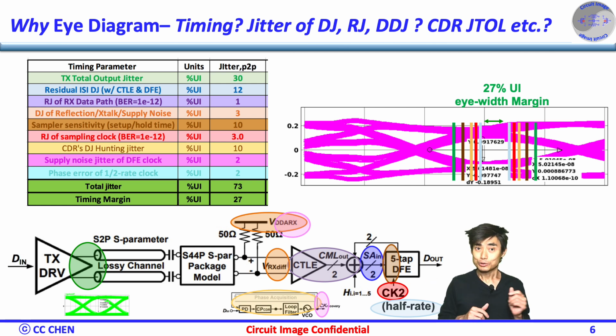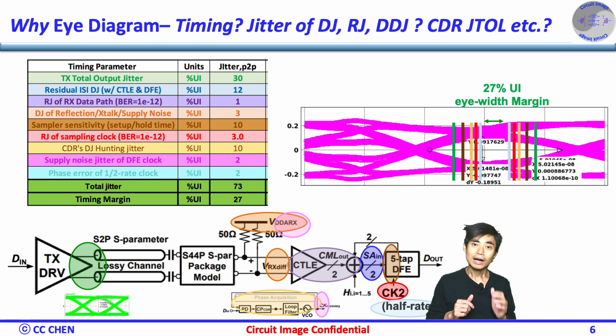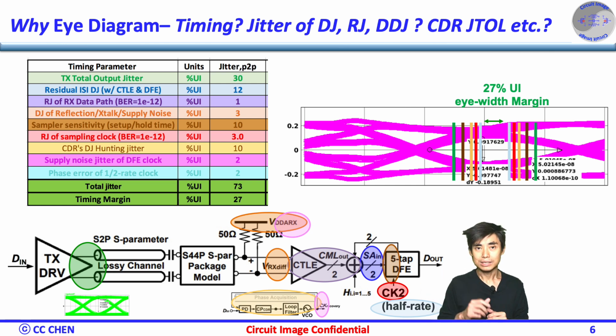Seventh, the intrinsic DJ of the sampling clock from the CDR's hunting jitter of the tracking behavior over supply noise introduced would be 12% UI in total.